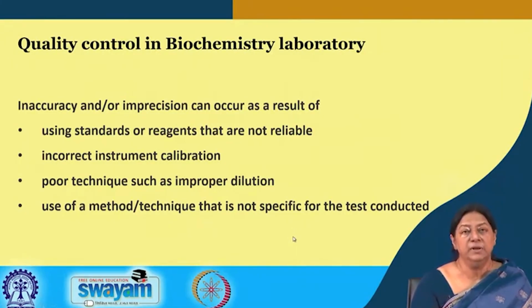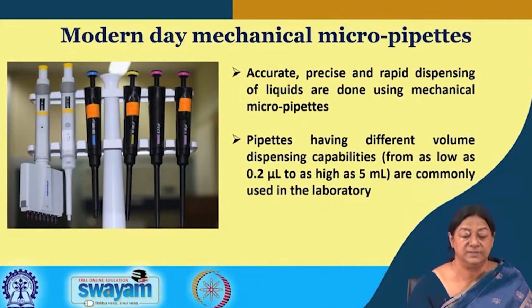So, it is extremely important in the biochemistry laboratory, apart from the safety measures that have to be taken into consideration, to understand what values, what considerations, and what parameters need to be specified or measured in order to get a good experimental result.